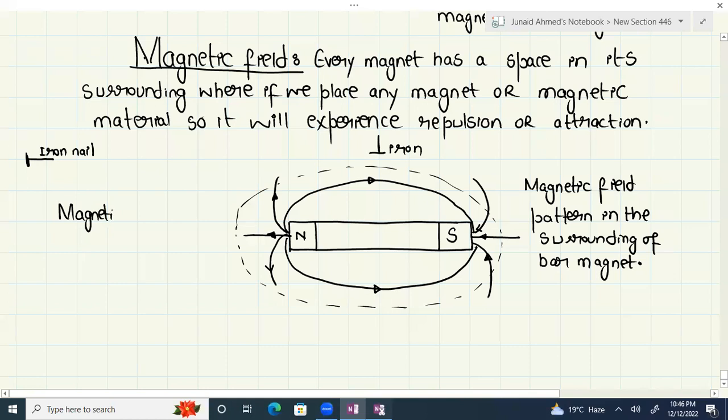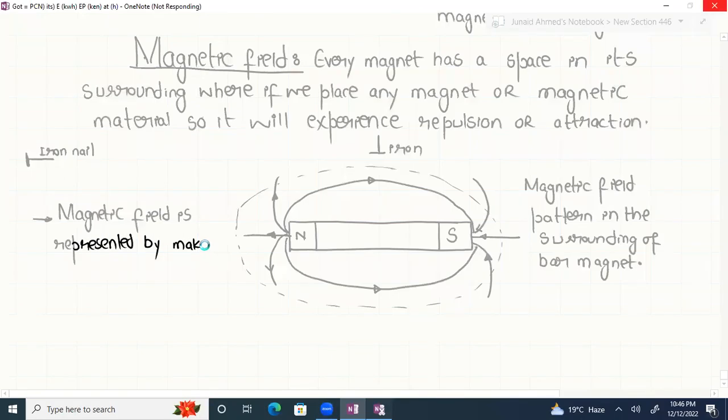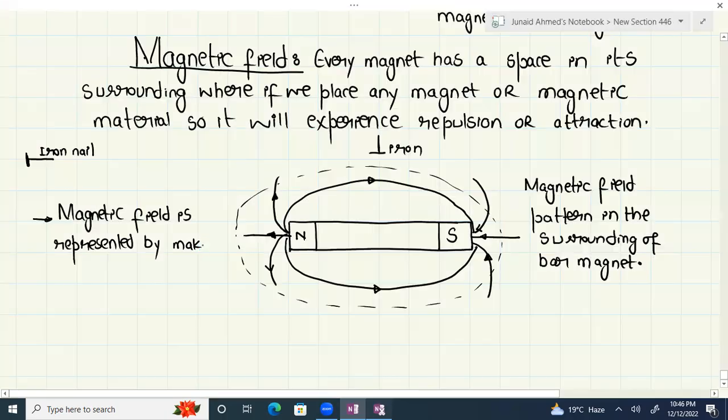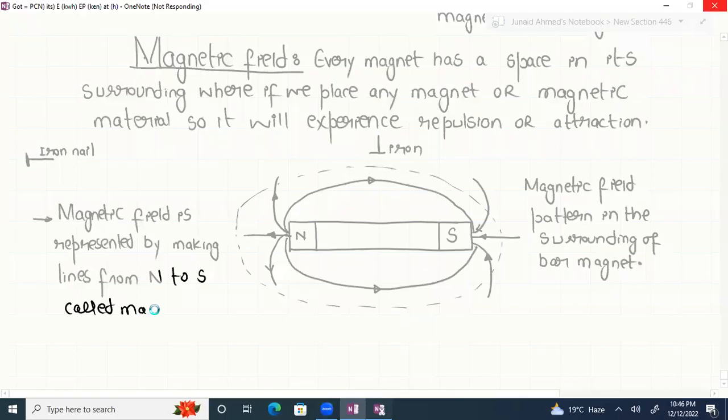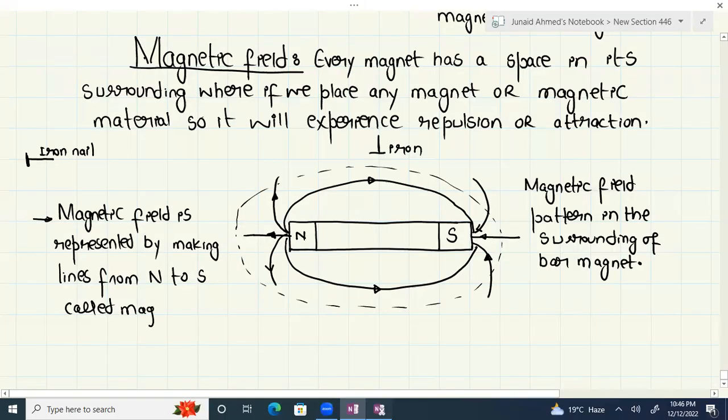Magnetic field is represented by making lines from north to south, called magnetic field lines.